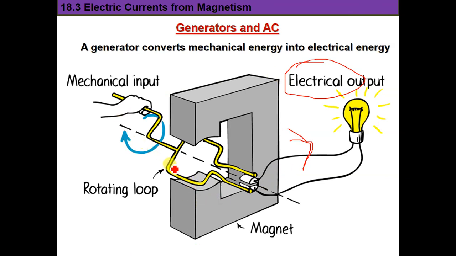So actually, every half rotation of the loop inside the magnet, the current changes direction. If it was moving from here to here, it will move from here to here. So all generators produce the same type of current, and we call it alternating current. Why is it called alternating current? Because it alternates direction every specific interval of time.